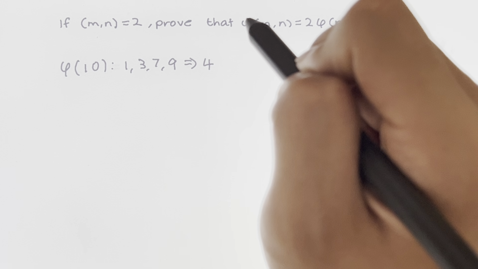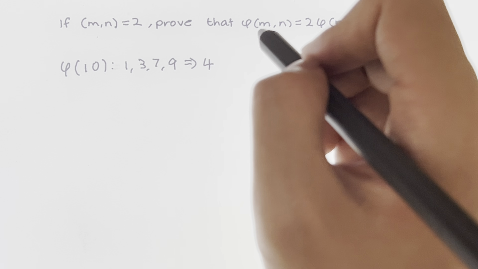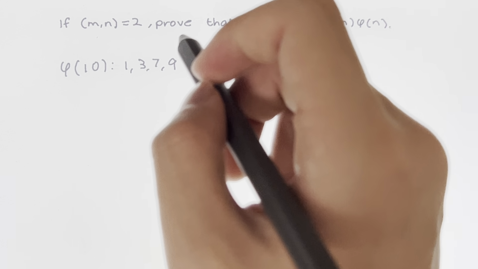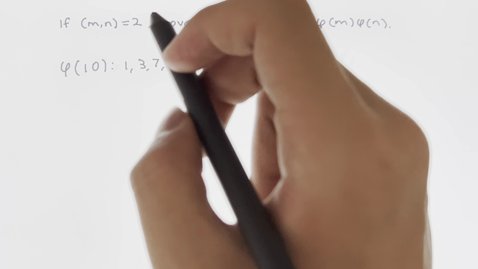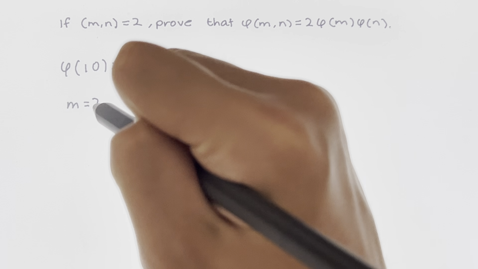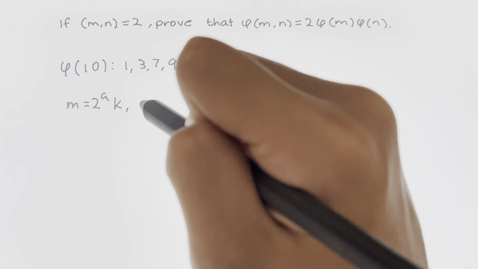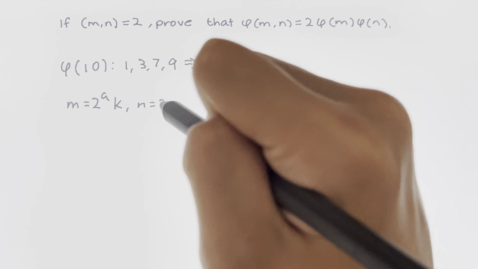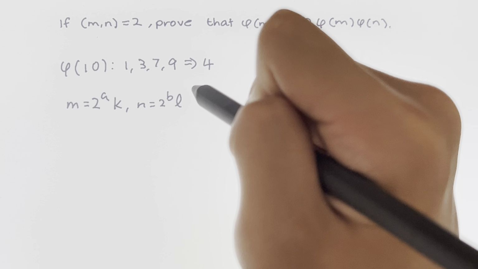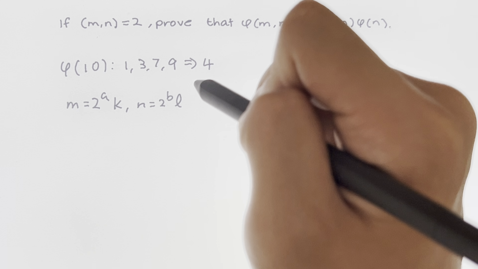First, we can define m and n based on the GCD of m and n being equal to 2. Since the GCD is 2, we can write m equals 2 to the power of a times k, and we can let n equal 2 to the power of b times l, where GCD of k and 2 equals GCD of l and 2 equals 1.